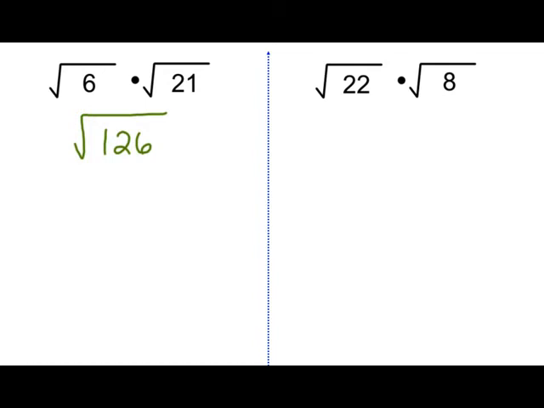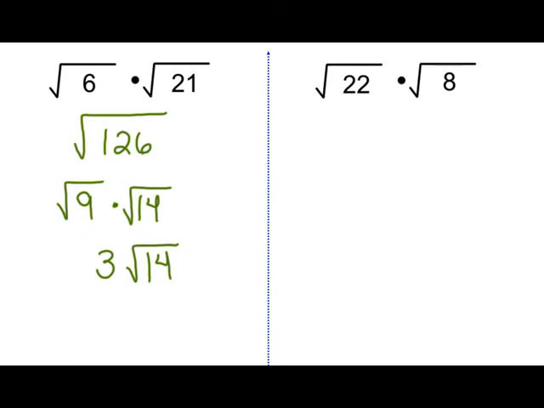So it's probably divisible by 6, which I already knew. But 6 is not a perfect square. Well, let's try 9. 126 divided by 9 is 14. That sounds good. The square root of 9 times the square root of 14. Just like before, I said 14 couldn't be broken down, so it's the square root of 14. The square root of 9 is just 3.